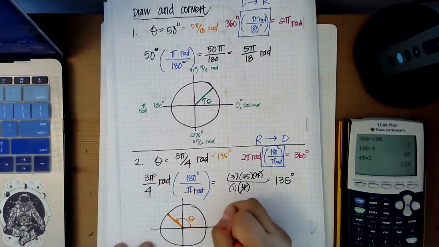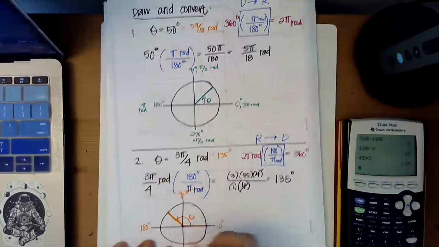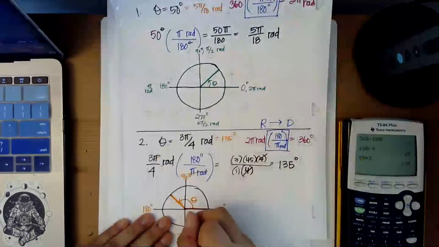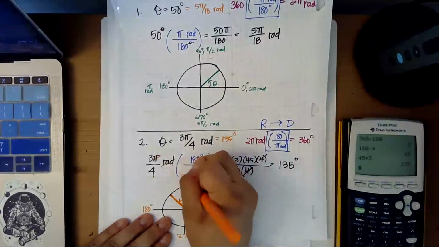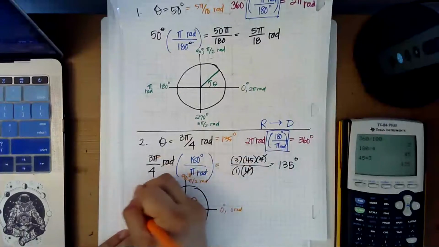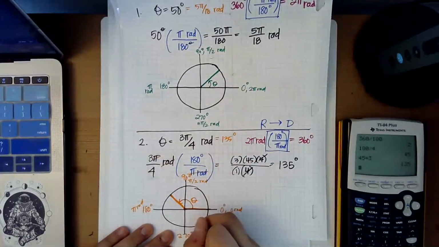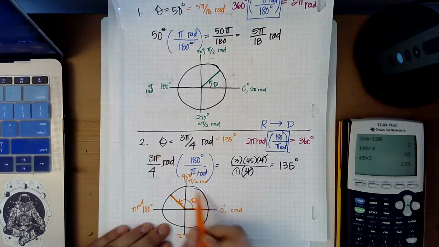And again, remember, this is 0. This is 90. This is 180. This is 270. But it's also 0 rad, pi over 2 rad, pi rad, 3 pi over 2 rad, right? So let's see. Is that true?